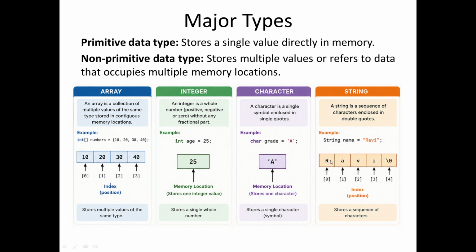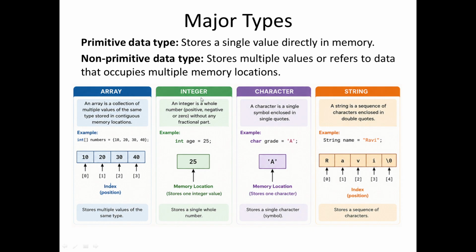Similarly, a group of characters will become a string. Based on this information, we can understand that arrays and strings need more blocks, while integer and character need only a single block.